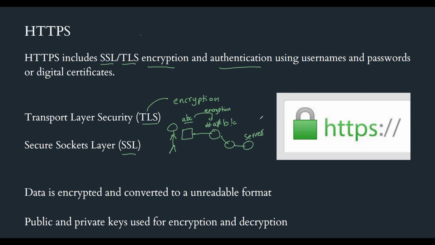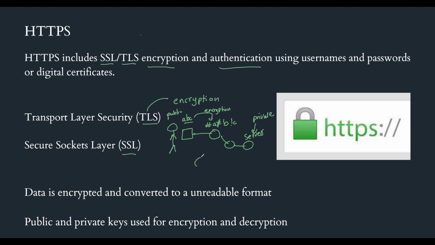Once it is received, the server will use a specific private key that it has and decrypt this message into a human readable format. That private key is only available with the server, and the client will use a public key to encrypt the message.